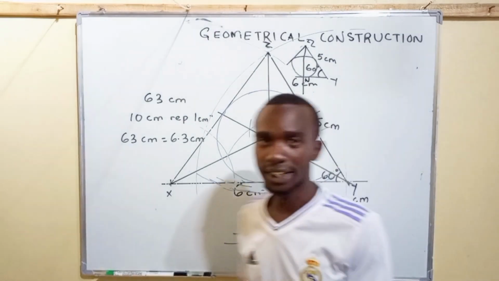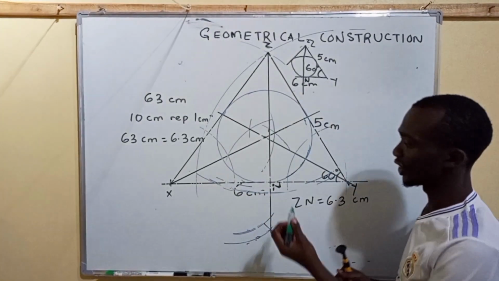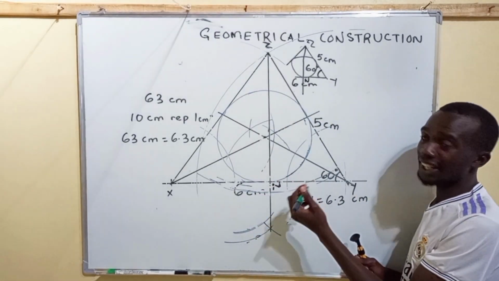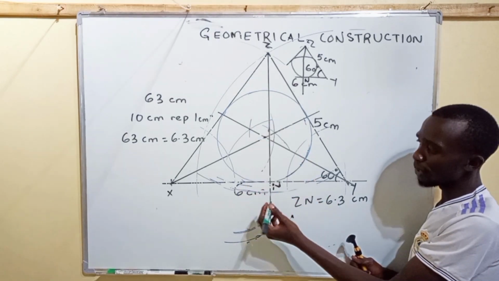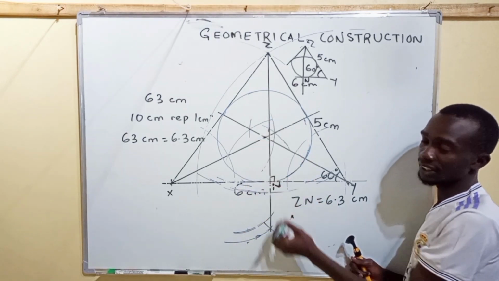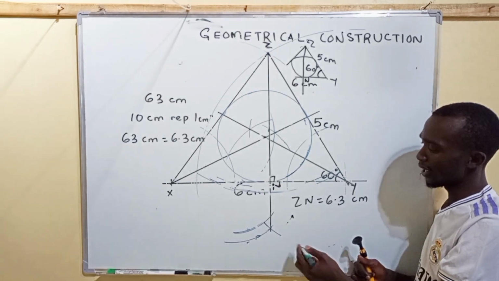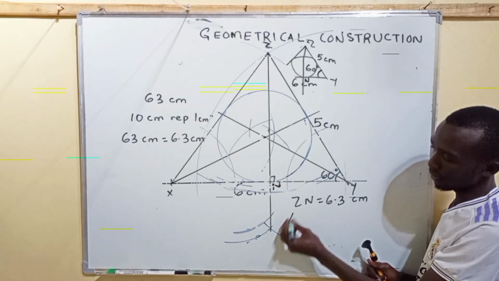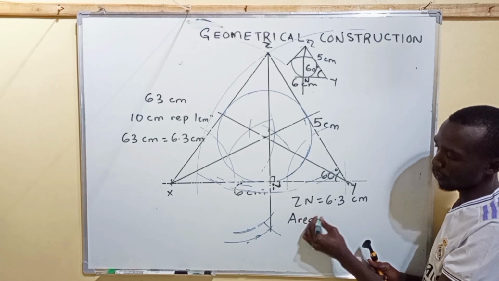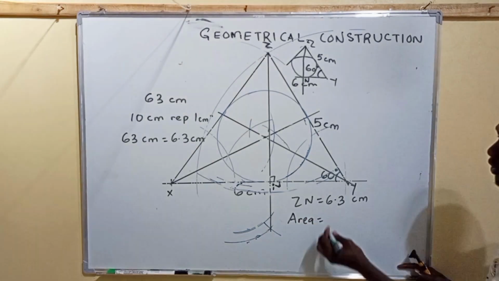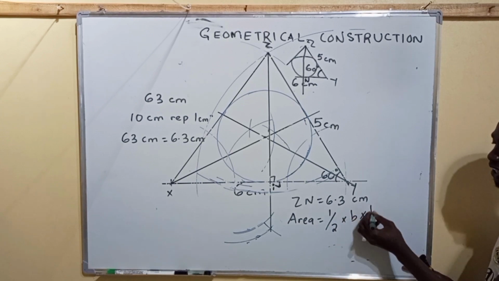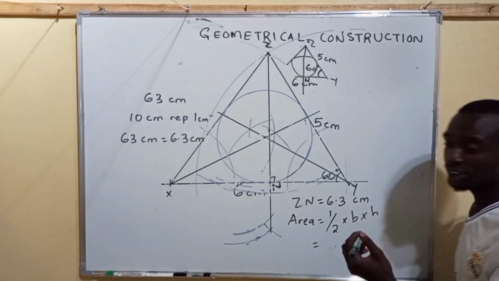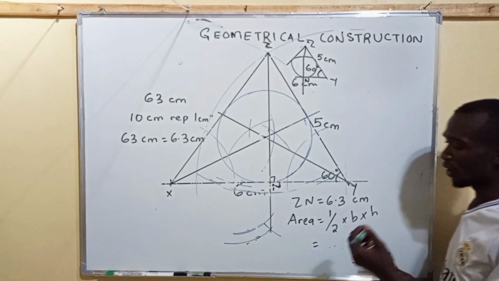Now, having obtained length ZN, which is the height of this triangle, remember that it is the line meeting the baseline at exactly 90 degrees. It's perpendicular. So to get the area of the triangle now, we use the formula: a half multiplied by base multiplied by the height of the triangle. The base of the triangle is XY.